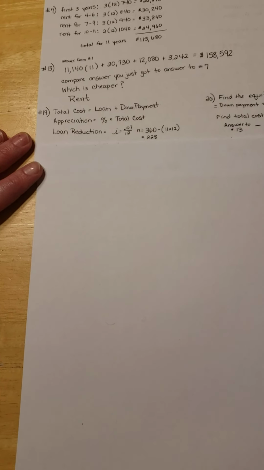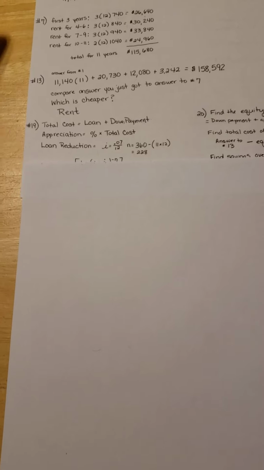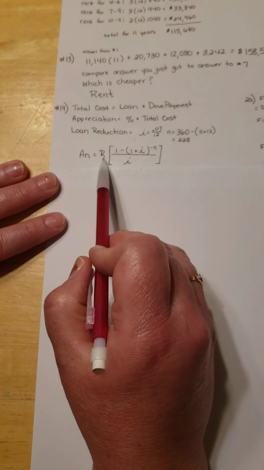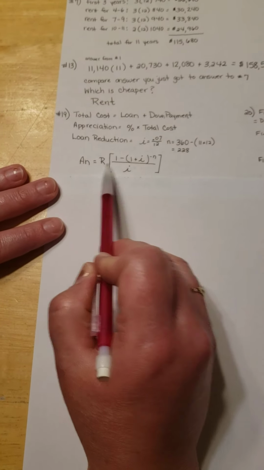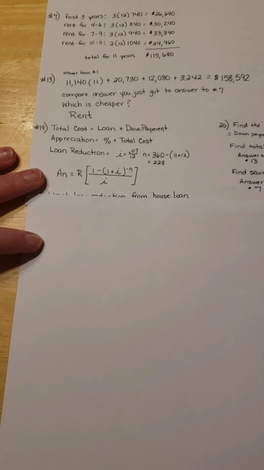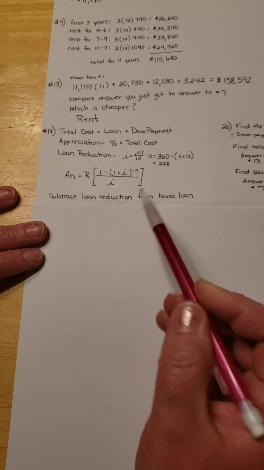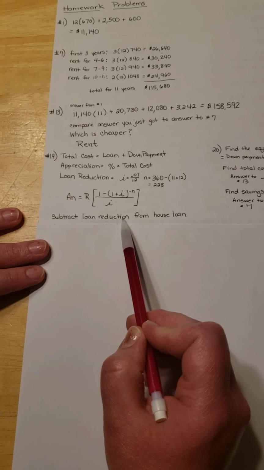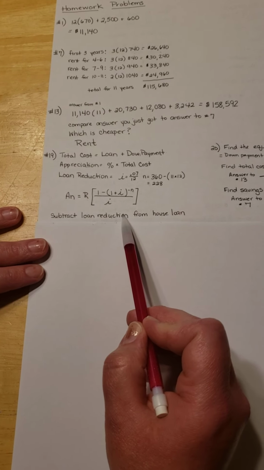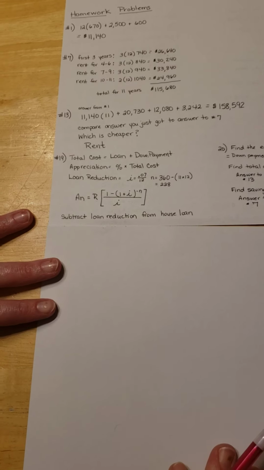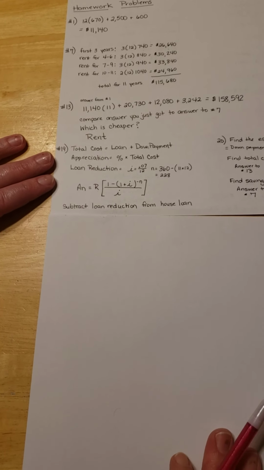That is in the chart they give you up here in problem number 1. So look back to the chart for problem 1, and you're going to find what your monthly payment is. You're going to insert it for R, do these totals, and that's going to give you your AN. Then go ahead and subtract that from your house loan. What was your house loan? Well, it told us our house loan was $100,706 in the problem. That will give you your loan reduction. So that's what you're doing for number 19.